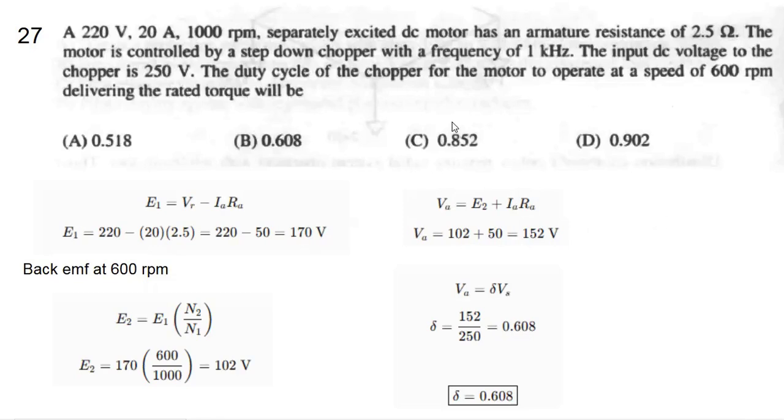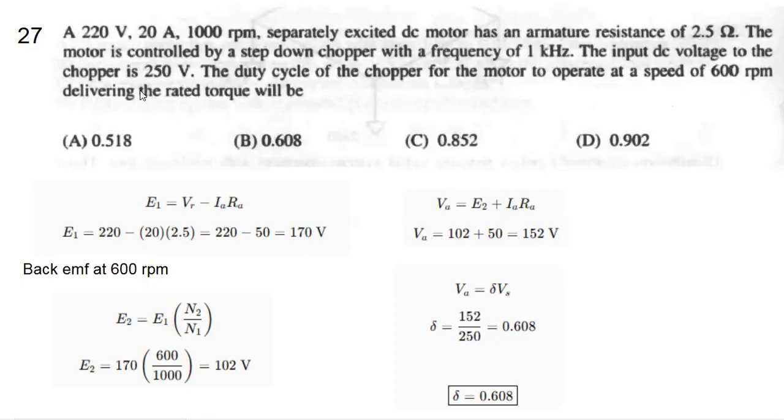Hello everyone. In this video, we are going to see another problem in power electronics. The question is, a 220 volt, 20 ampere, 1000 RPM separately excited DC motor has an armature resistance of 2.5 ohms. The motor is controlled by a step-down chopper with a frequency of 1 kHz.